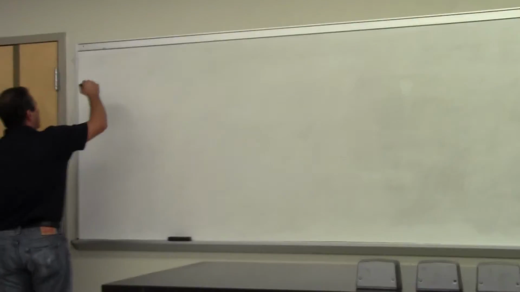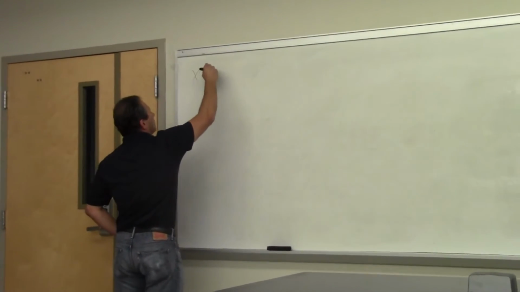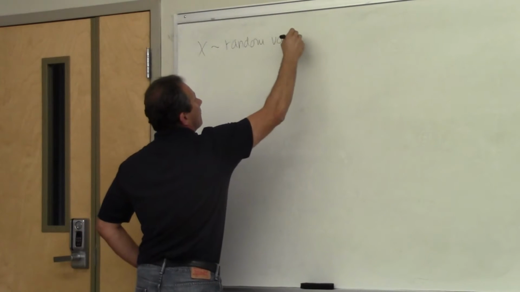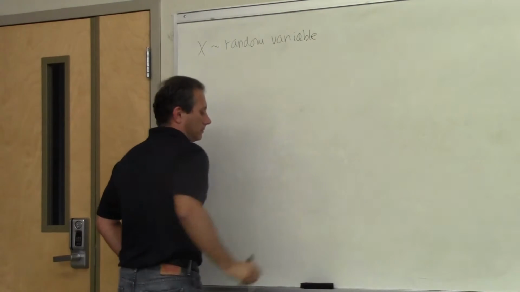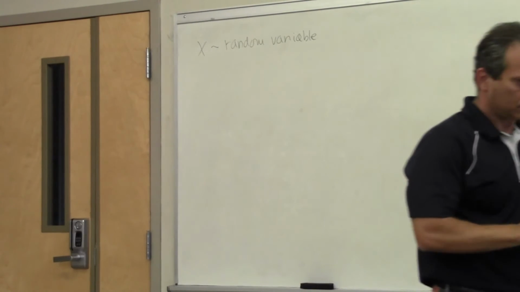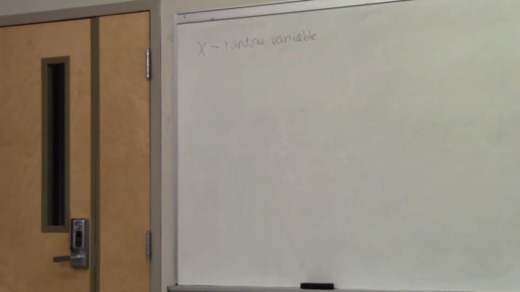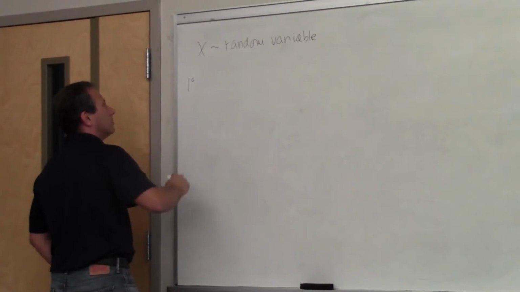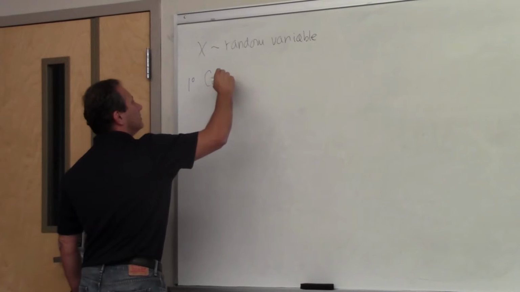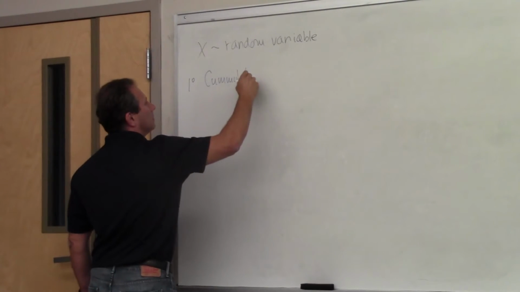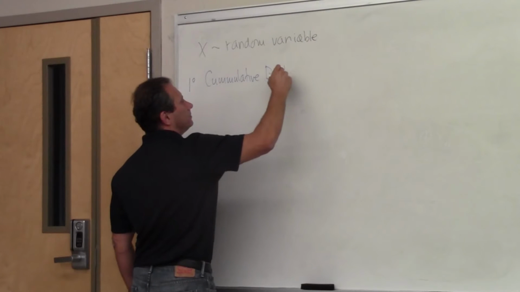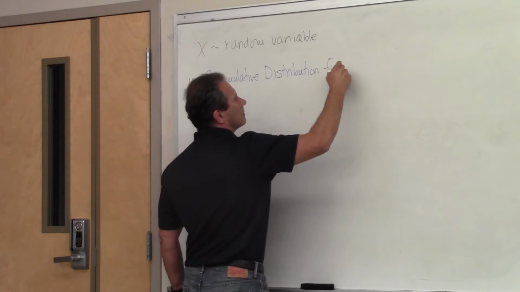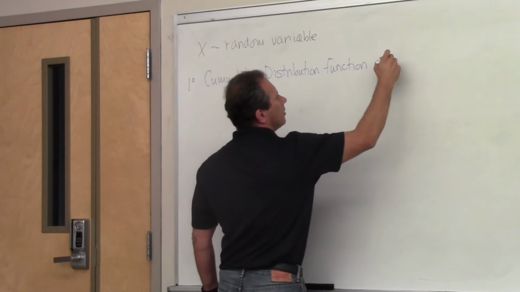So let me first define, let X be a random variable. Let me define three functions that we'll use to describe this particular variable. The first function that I'm going to define is the cumulative distribution function, simply called CDF.